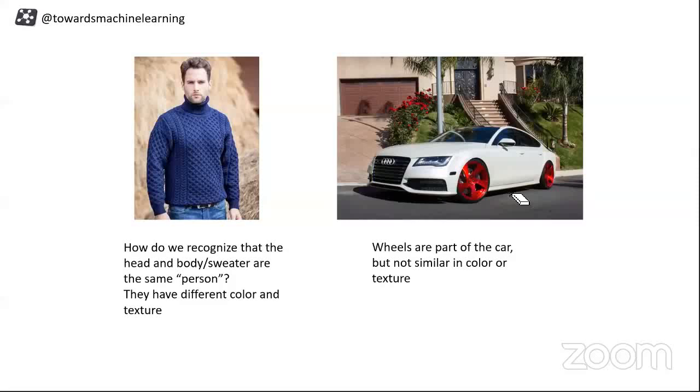Now look at this image. Let's say you want to segment out a whole car from an image. Now look at the color of the car. This is white. Now look at the alloy wheels. Those are red. So on the basis of color, you can't say that these both things are together. If I say texture, texture is also not the same, right? This is a plain kind of surface. This isn't a plain kind of surface.